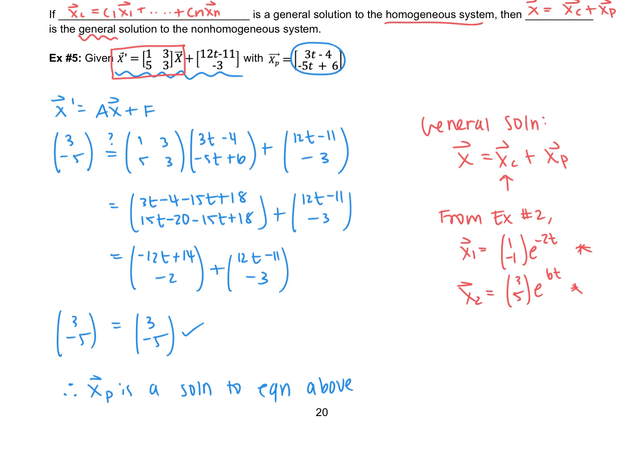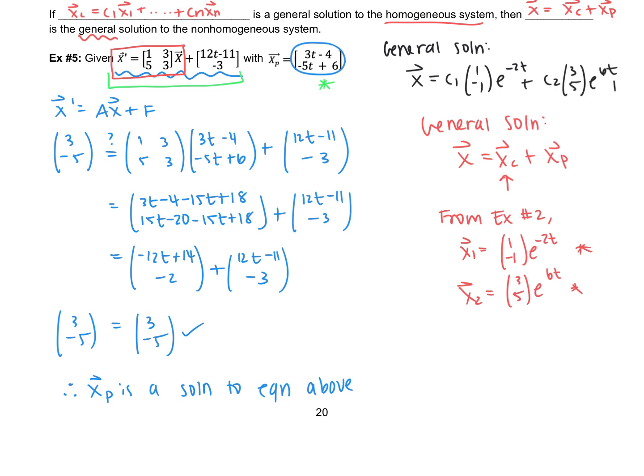Then once we've now looked at our non-homogeneous system and gotten our particular solution, where that leads us to finally is that the general solution to this non-homogeneous system is going to be x equals c1 times (1, -1) e to the -2t, add c2 times (3, 5) e to the 6t, and finally add our particular solution, (3t - 4, -5t + 6). So that is our general solution.